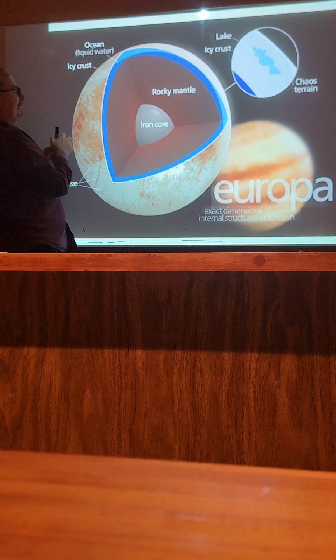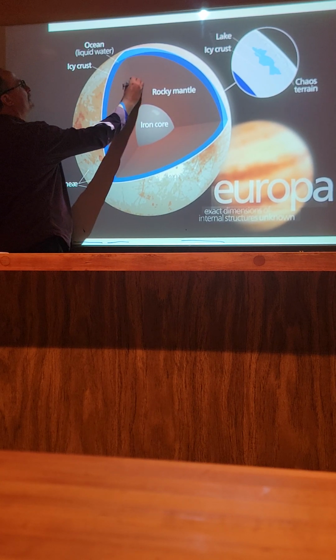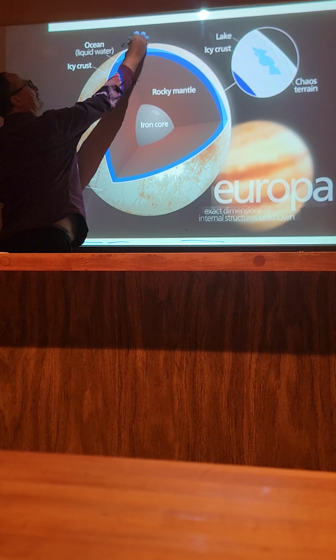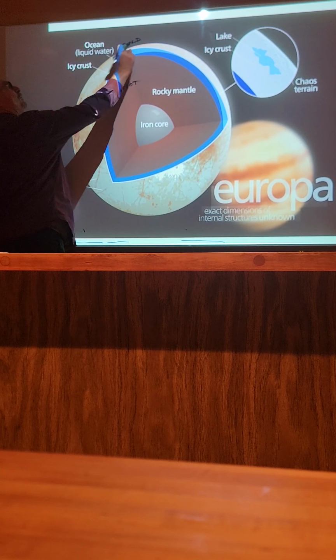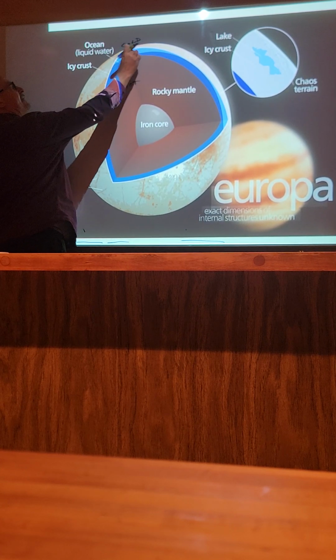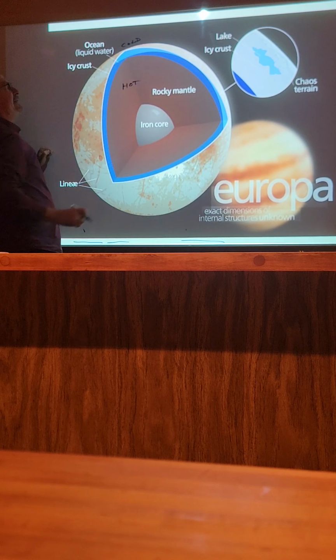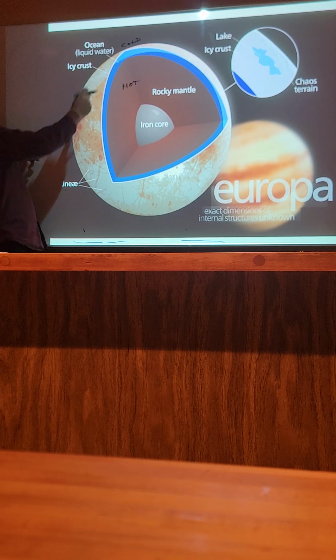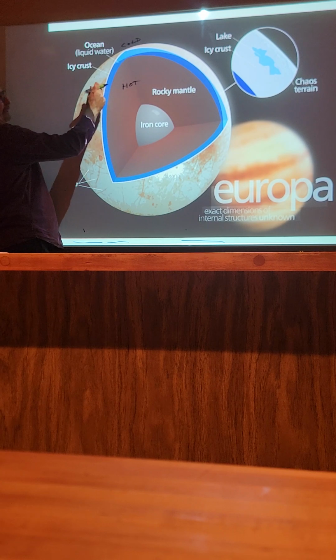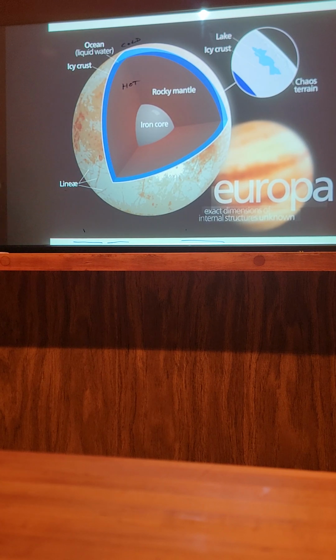Down here is where the heat's coming from. It's hot here, and cold over here. This is where the ice is meeting this hot interior. The fact that there's liquid under here would explain the cracks and the movement on the surface, so it's almost definite that there's a liquid water ocean on Europa.